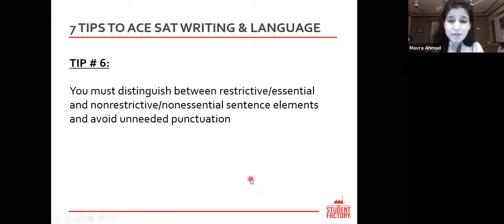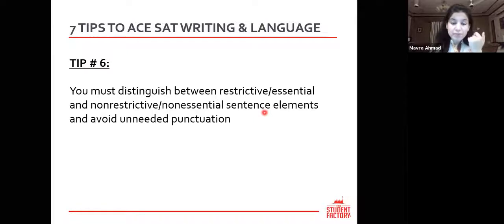We have already talked about what are restrictive and non-restrictive sentence elements. Important information in a sentence is restrictive or essential element in the sentence, and the necessary information जो होती है वो restrictive होती है, और जो information हमारे लिए sentence में इतनी important नहीं होती है, जिसके बगैर भी हम sentence को understand कर सकते हैं, it's called the non-restrictive or non-essential elements in the sentence.